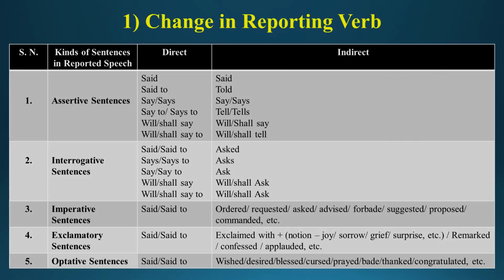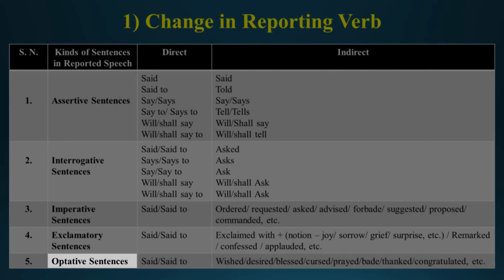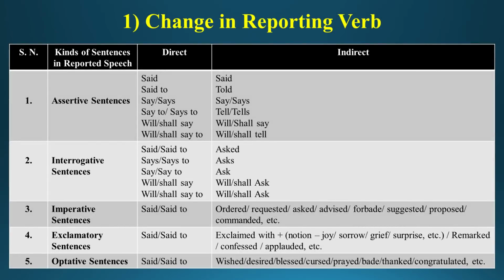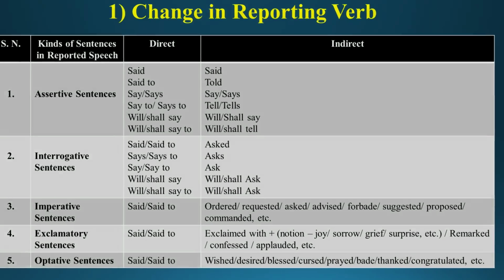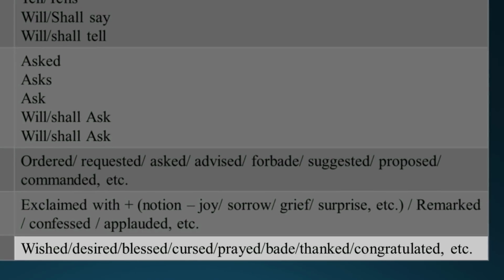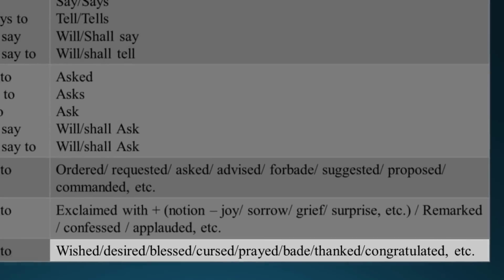Then if there are optative sentences in reported speech, then said and said to, which will always be in the outside part, will be changed like this: wished, desired, blessed, cursed, prayed, bade, thanked, congratulated, etc.